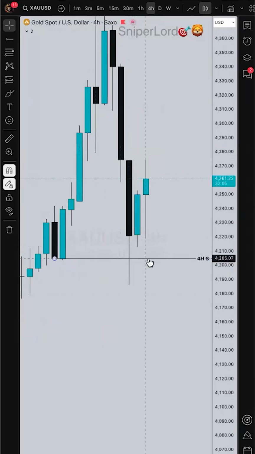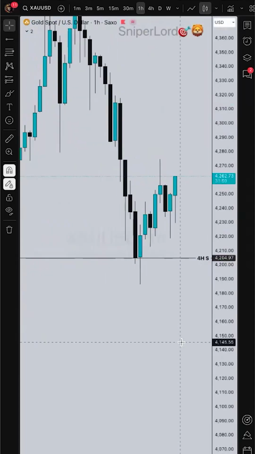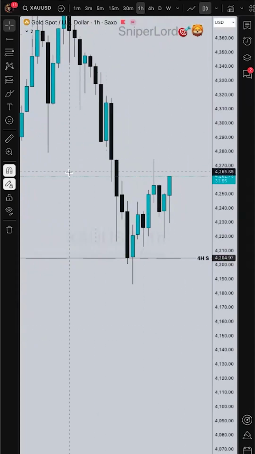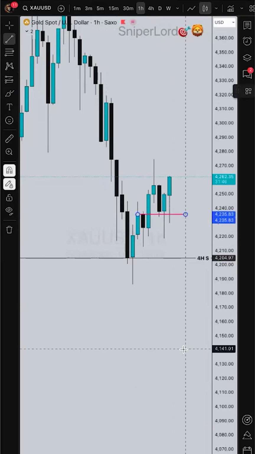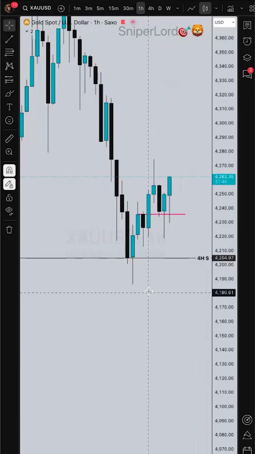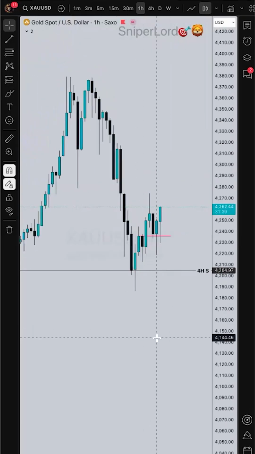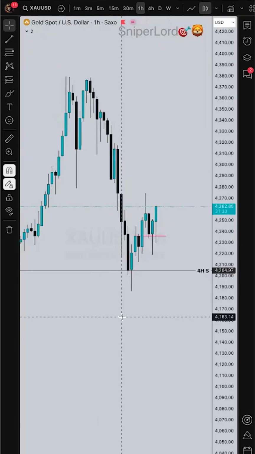After indicating this level, which is also around the daily support level, what I'll do next is go to the H1 time frame, and in the H1 time frame, as usual, we had this internal breakout here. This internal breakout was an indication to me that price would want to push higher when it comes to trading gold. So this was my indicator for a daily bullish direction.